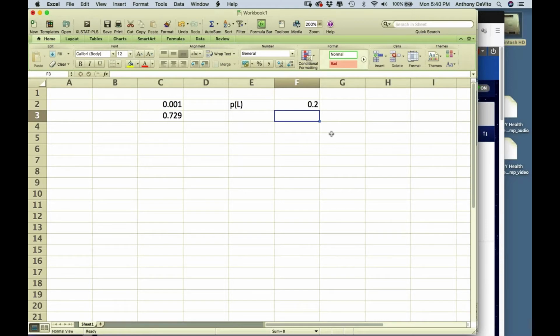You randomly select 3 people from this population. What's the probability that all 3 of those people are going to be left-handed? Well, it's going to be 0.2 times 0.2 times 0.2, which is 0.008.